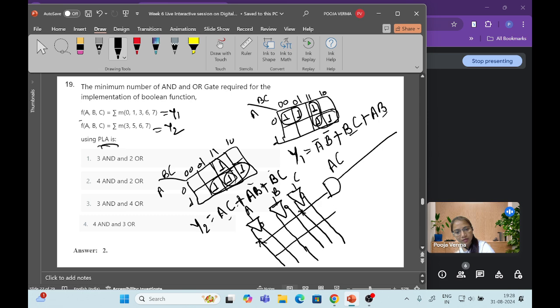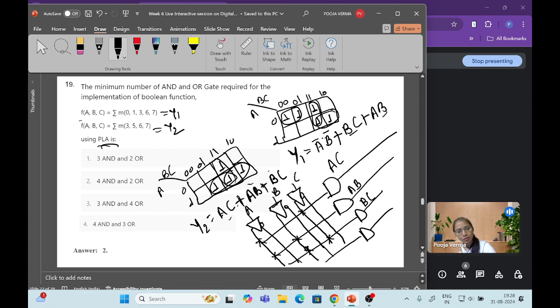Now next one is AB, so A, B, AB. Now next one is BC, so B and C. Now AC is covered, AB and BC are covered.